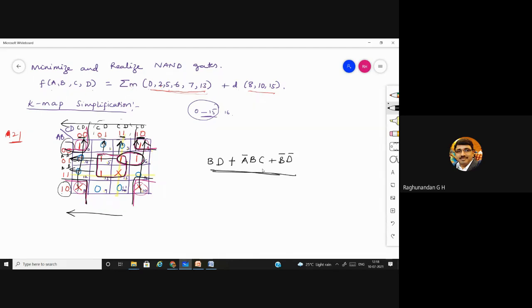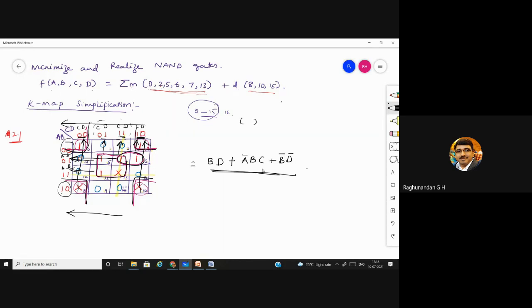This is the equation. See, if you write the equation for this, it will be a complex equation. If you have the book with you, you can check afterwards. It will be around 12 products we need to add.